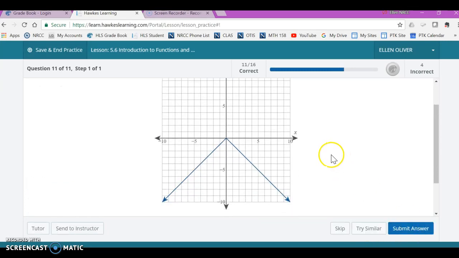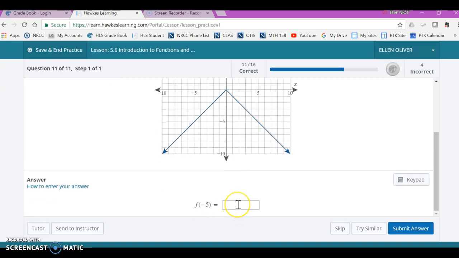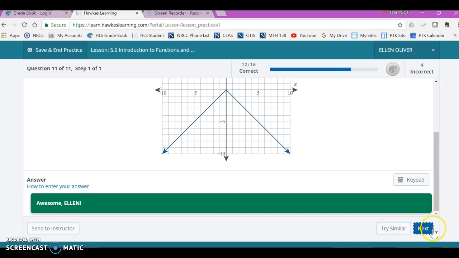Last one, f of negative 5. So find the negative 5 on the x-axis, find the corresponding y. It looks like it's negative 5. And that's it. So that's all there is for this section.